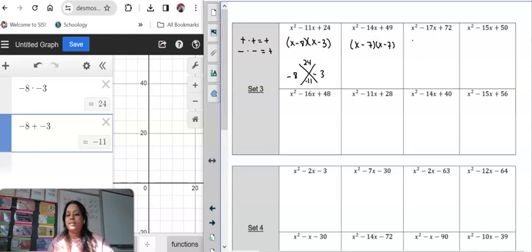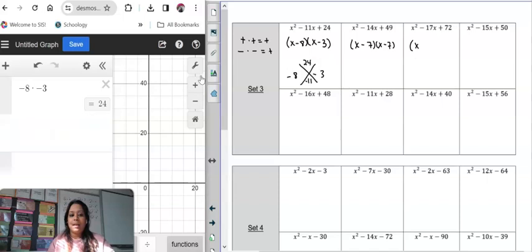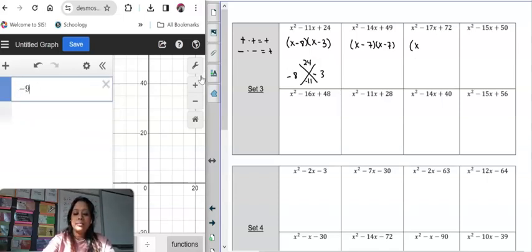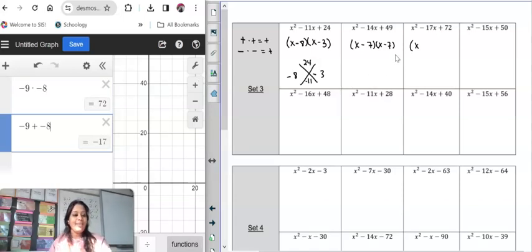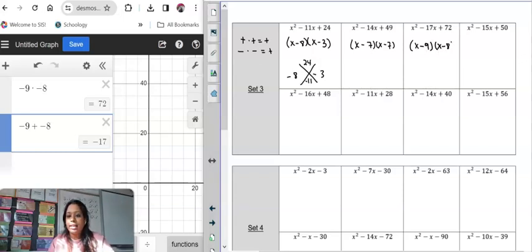There's that. This one right here, I would say negative 9 times negative 8. Yep. And then negative 9 plus negative 8 is negative 17. Yeah, that's what I needed. So x minus 9 and x minus 8.